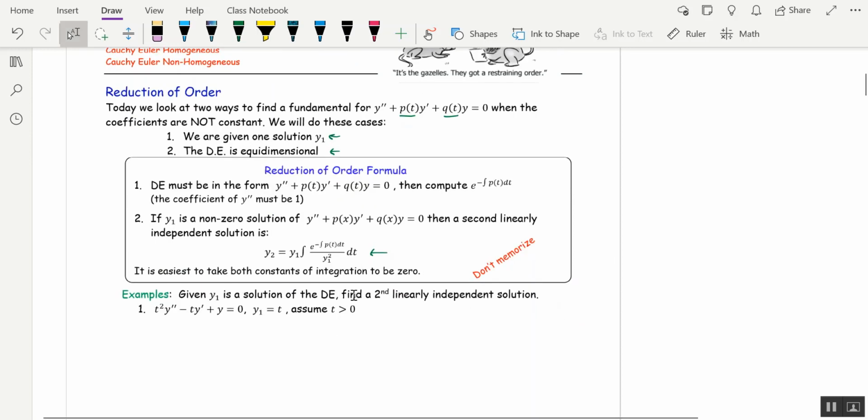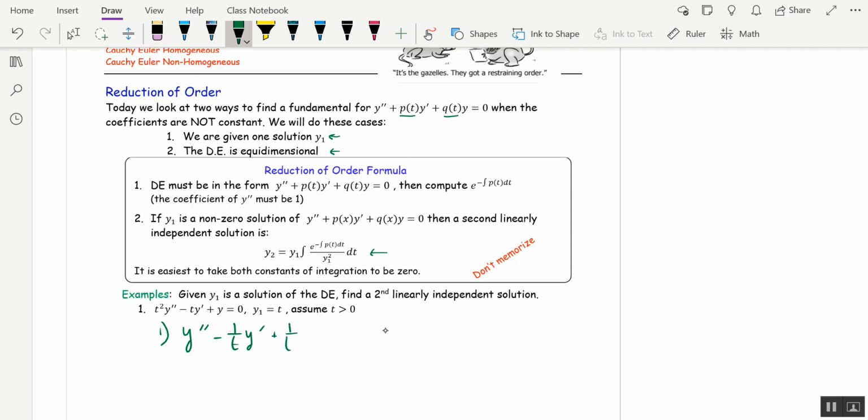Given y1 is a solution of the DE, y1 is t, find a second linearly independent solution, assume that t is greater than 0. So first thing we have to do is put it in the correct form to determine p of t. So divide through by t squared: y double prime minus 1 over t y prime plus 1 over t squared y equals 0.